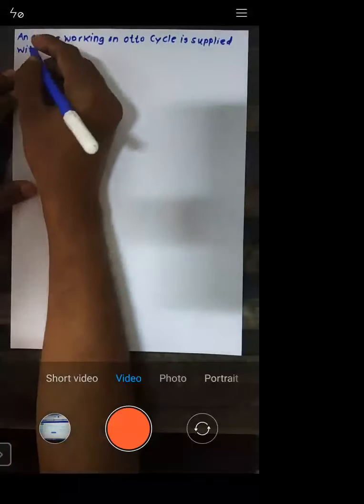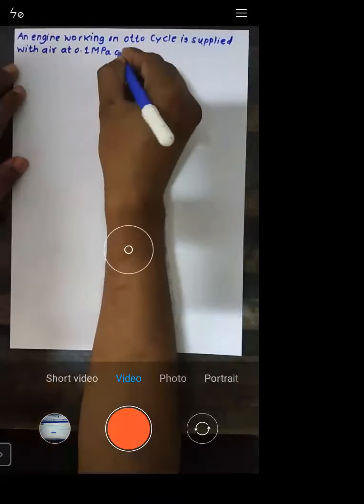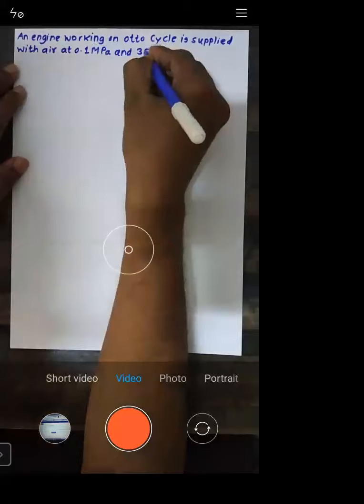is supplied with air at 0.1 megapascal and 35 degrees Celsius.